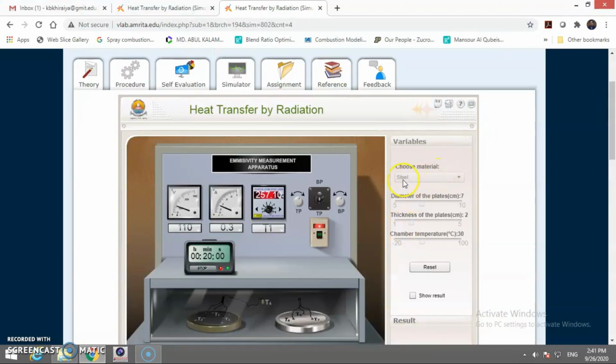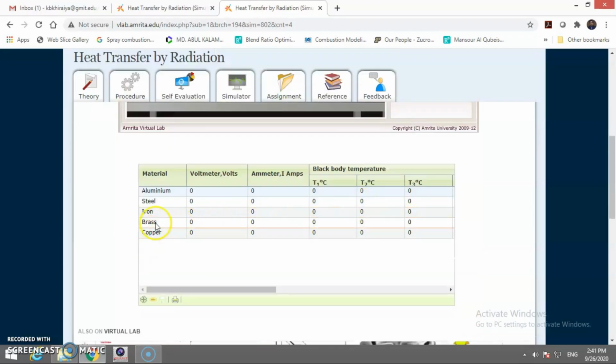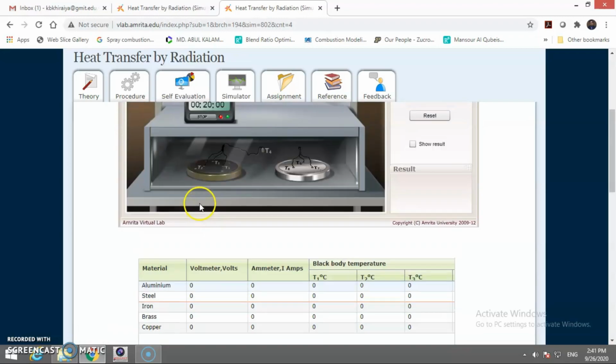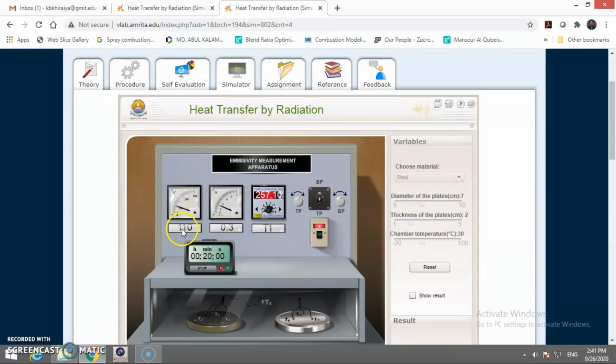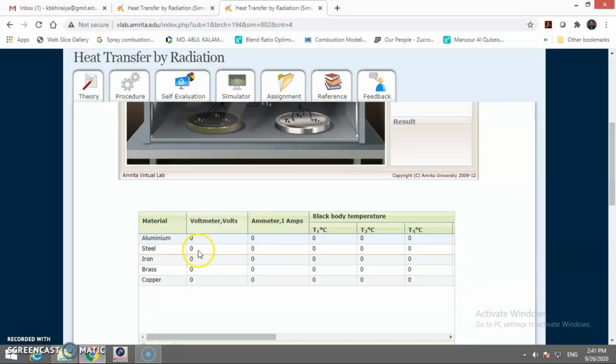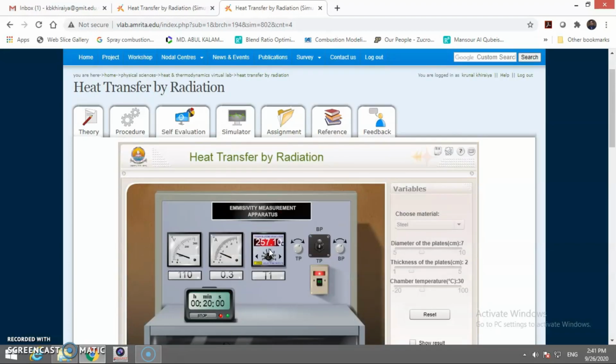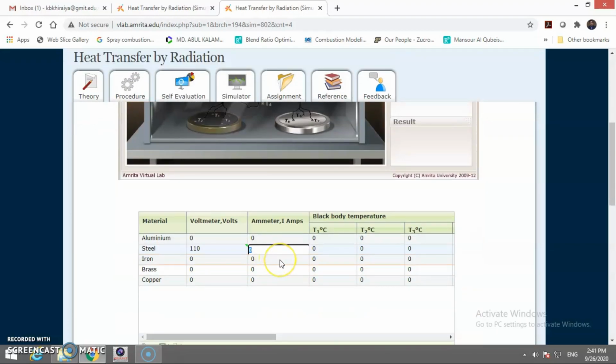Currently I have set the material as steel, so I need to use the row for steel. The voltage reading is 110, so I enter 110 in the steel column. For the ammeter it is 0.3, so I enter 0.3.